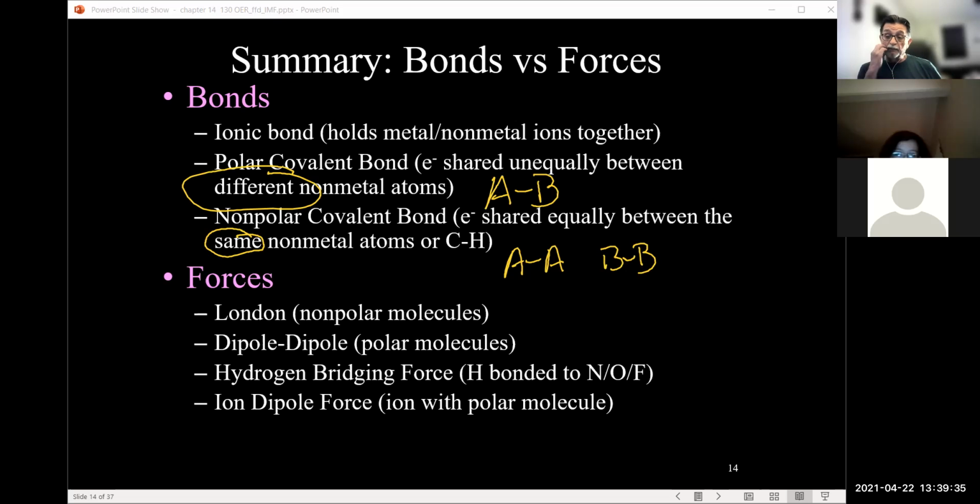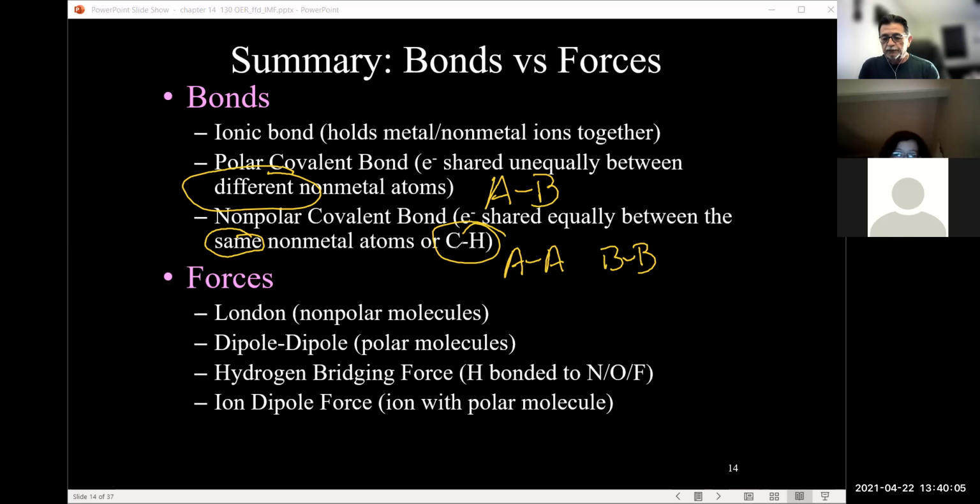And so if you think about it, all of the diatomic molecules that we have, no fear of ice cold beverage, would have nonpolar covalent bonds, and anything with carbon hydrogen, the hydrocarbons, for example, all would be nonpolar. Okay. All right. Now, with that, we look at the forces.